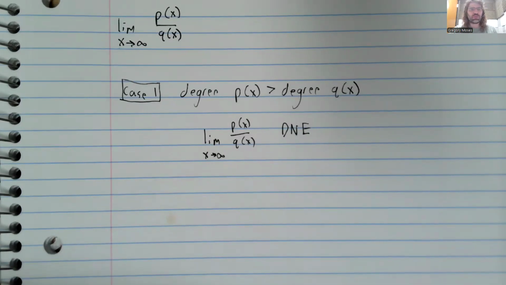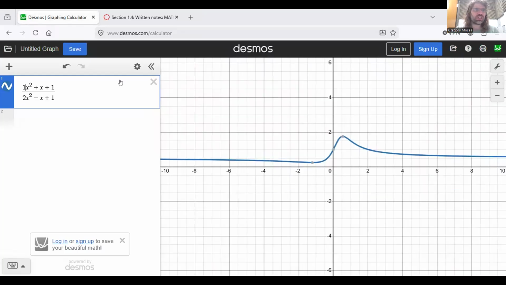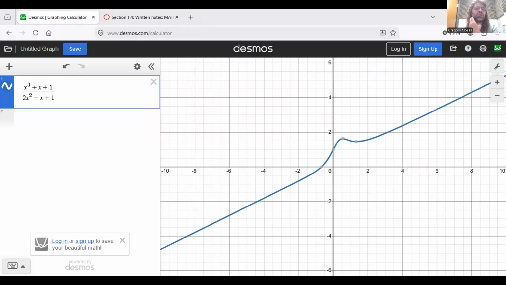Let's just go over to Desmos real quick. And let's change this so that the degree of the top is bigger than the degree of the bottom. Currently, they're equal. Currently, they're both 2. But I'm going to turn this top polynomial to a third degree polynomial.